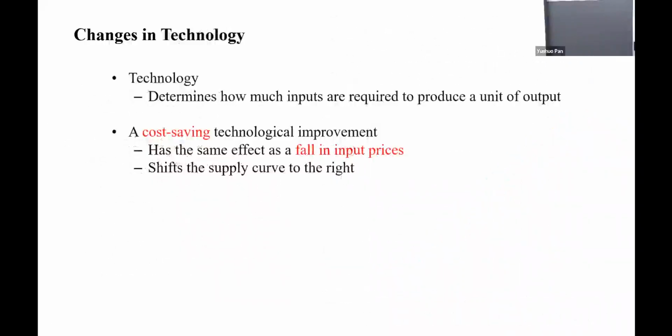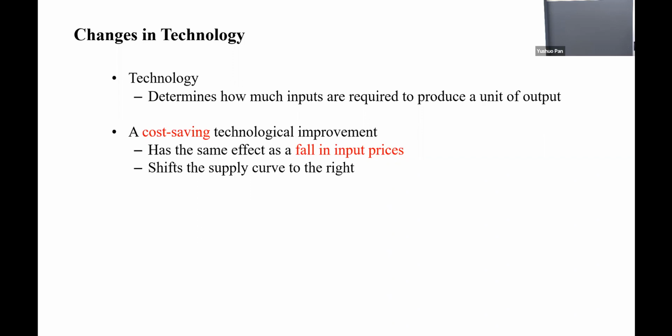The next one is changes in technology. Technology determines how much input is required to produce a unit of output. A cost-saving technological improvement has the same effect as a fall in input prices. So this slide is kind of the same as the last slide.